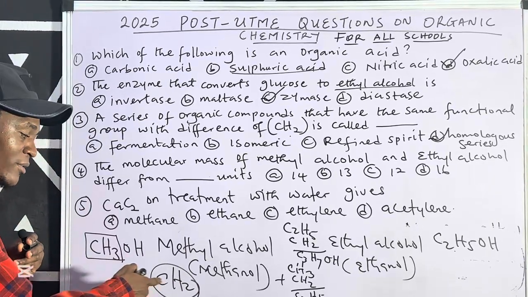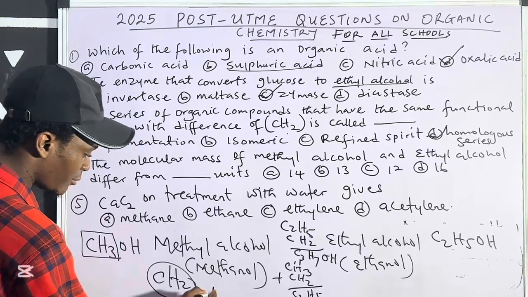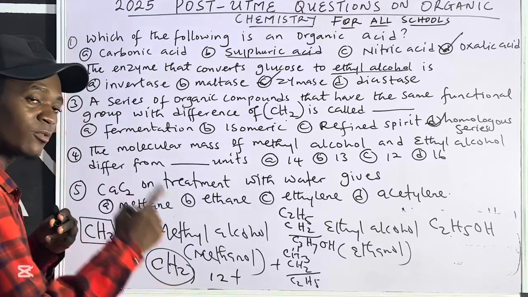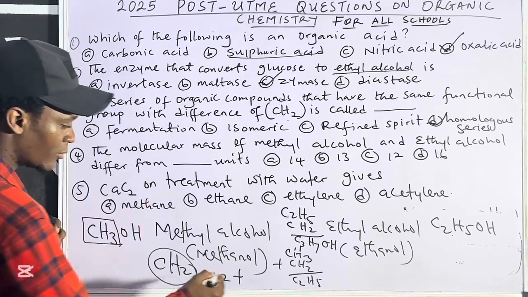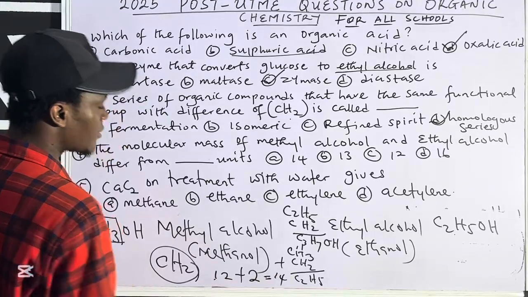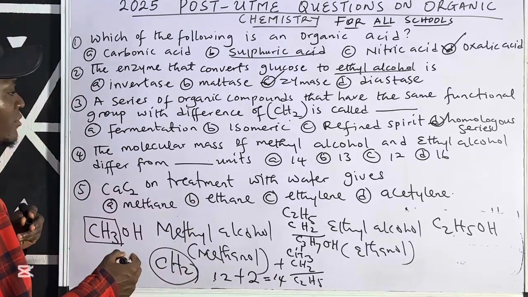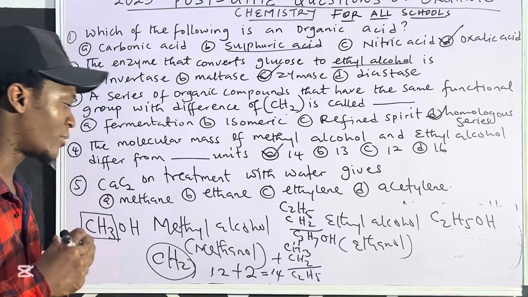What's the molecular mass of this guy? Carbon, what's the relative atomic mass of carbon? It is 12. Put 12 plus what about hydrogen? 1. Since it contains 2 here, it becomes 1 times 2, which will be what? 2. So 12 plus 2 will give what? 14. So it means they differ by what? How many units? 14 units. So that's the correct answer to that question.